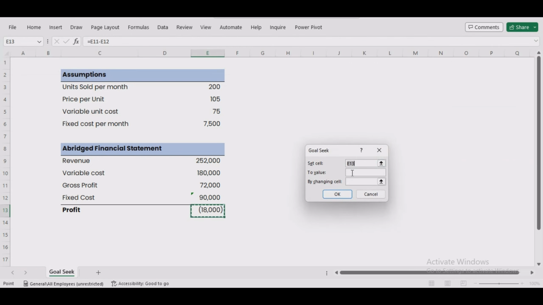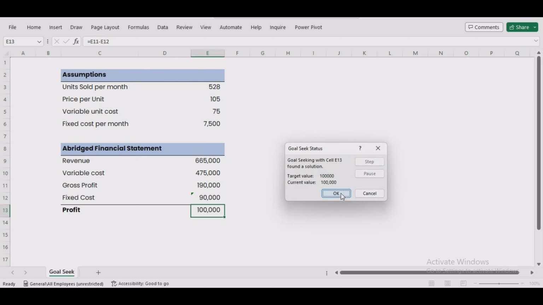Then I'm going to set the same cell, which is the profit cell. Then I want it to be 100,000 kwacha. If at the end of the year I want to be making a profit of 100,000 kwacha, how many units of chicken should I be selling per month? Then I'll let this one change, which is the units sold per month. Then I will press OK.